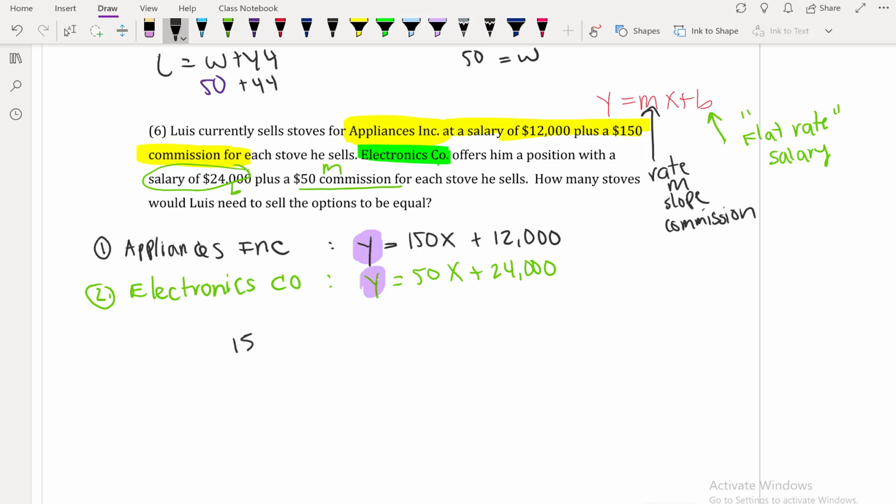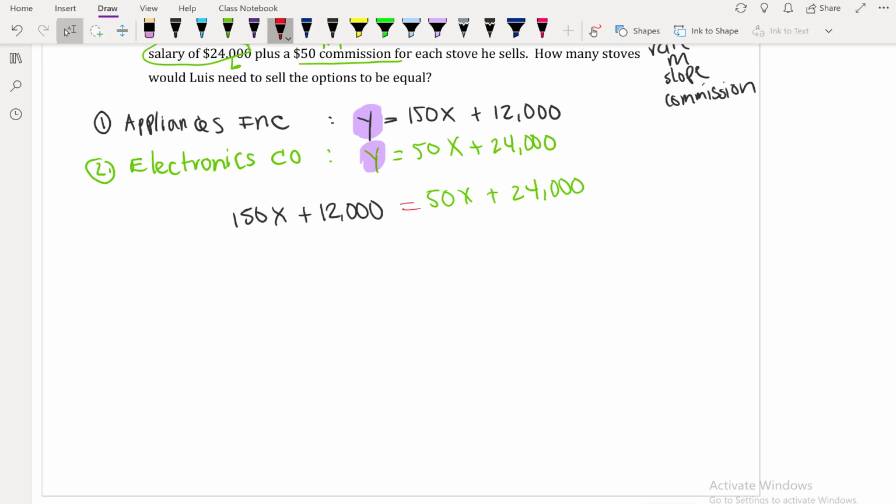So I have 150x plus 12,000 is equal to my other equation, which is 50x plus 24,000. So what I'm going to do is subtract 50x from both sides. So 150 minus 50 gives me 100.